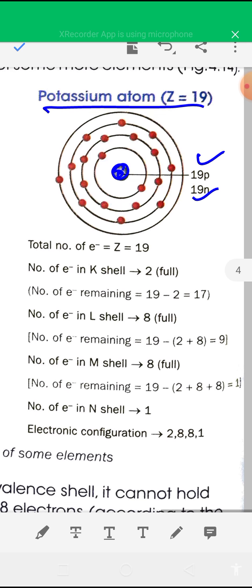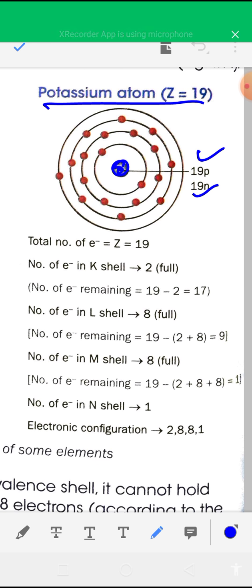You have to arrange these 19 electrons according to the 2n square rule. The first shell can accommodate maximum 2 electrons, so in the K shell you give 2 electrons. In the second shell, the L shell, you give 8 electrons. So total 10 electrons you have arranged, and 9 electrons are left. In the third shell you give 8 electrons.